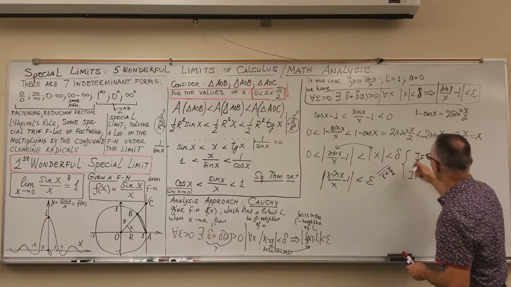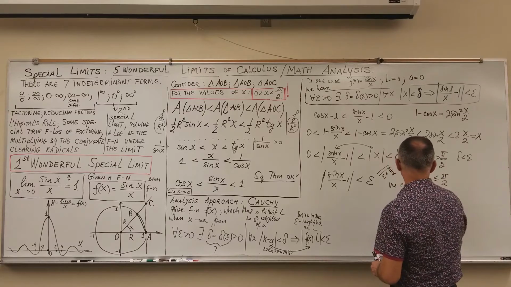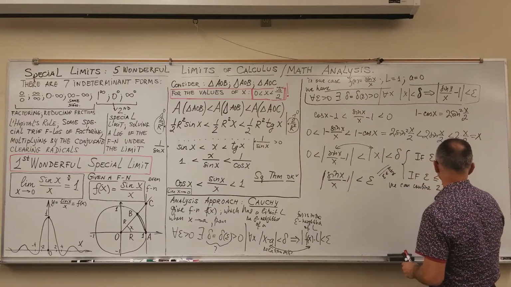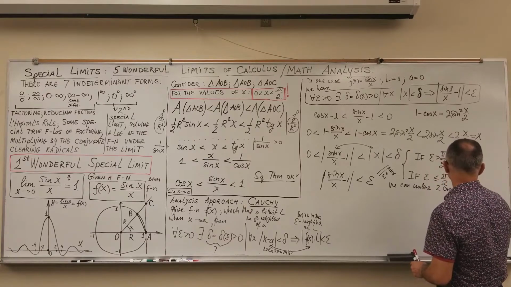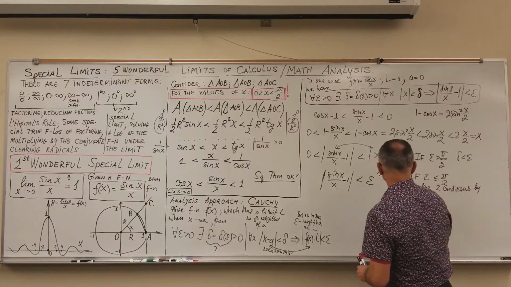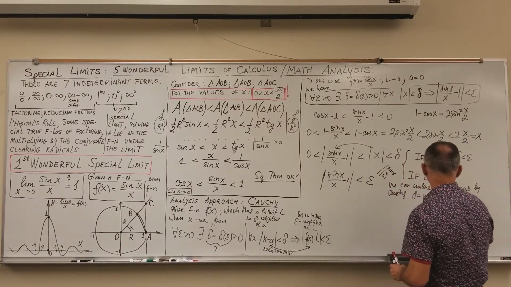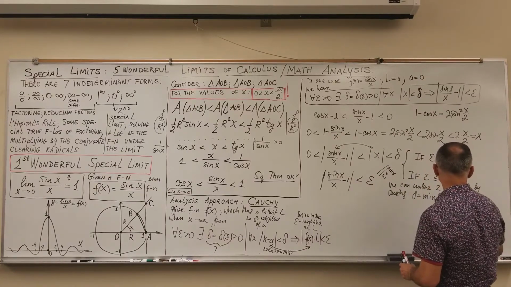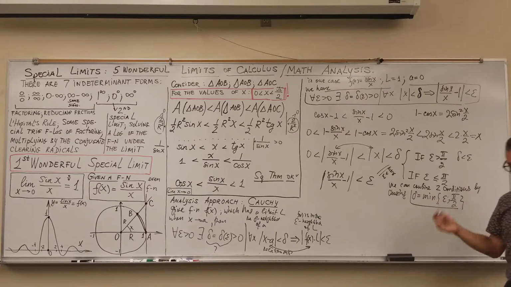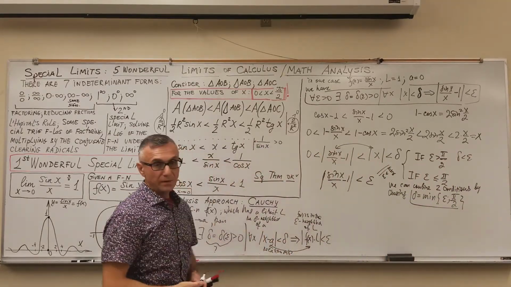So I can combine those two conditions by choosing delta equal to the minimum of epsilon or pi over 2. When I choose delta as the minimum of those two, whichever is smaller, the proof is done.